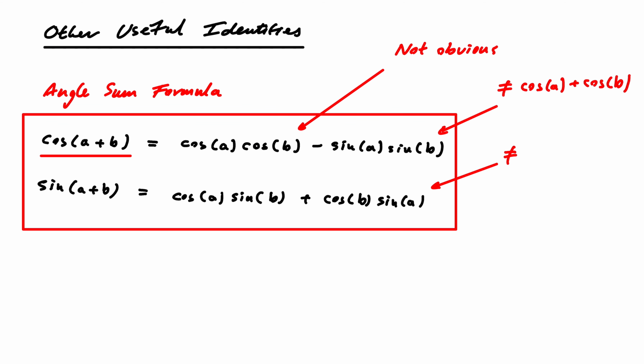So sine of A plus B is absolutely not equal to sine of A plus sine of B. I've seen countless mistakes in exams where people just blindly write this down because they are so used to writing it for numbers with the distributive property, they don't realize what they're dealing with. Okay, so angle sum formula. Good to know, basically.